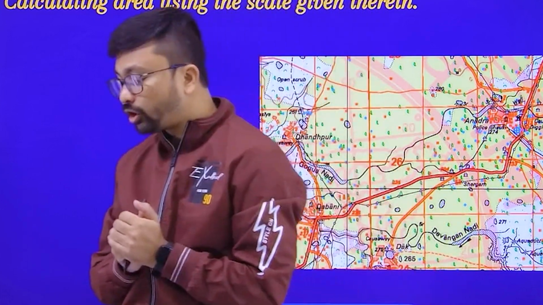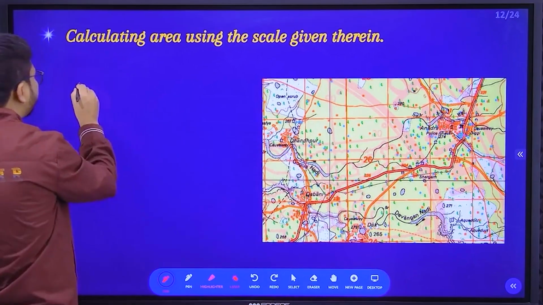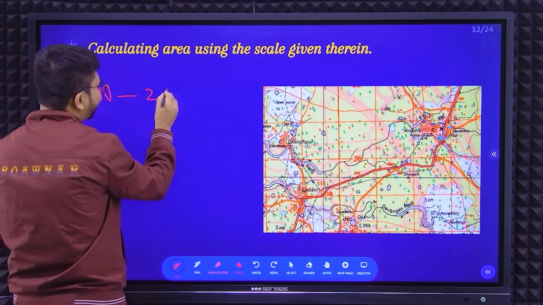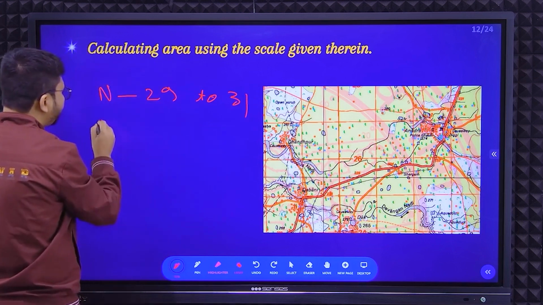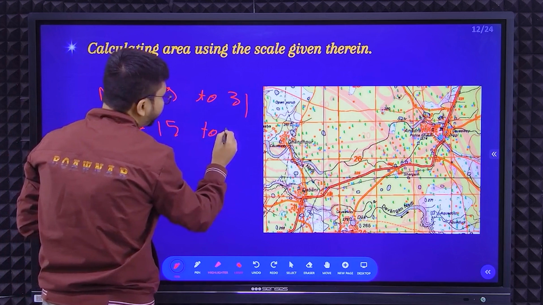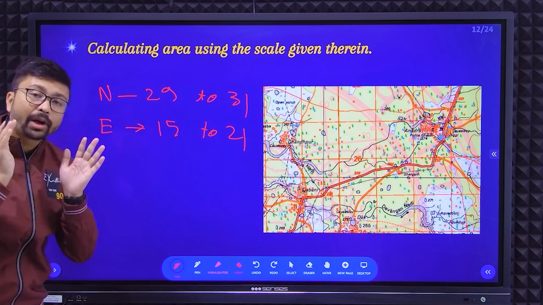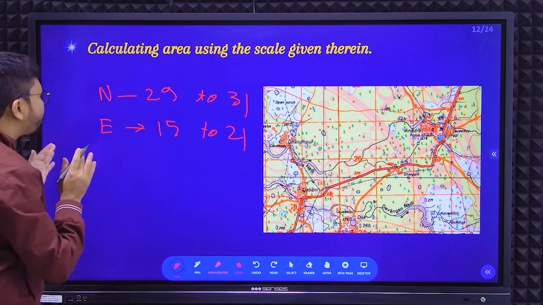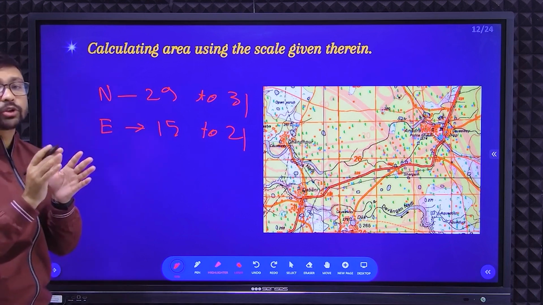Suppose the question is, how much area is occupied between the northing 29 to 31, and between the easting 15 to 21? How will you calculate? Just remember one simple formula: difference between the northing multiplied by difference between the easting.